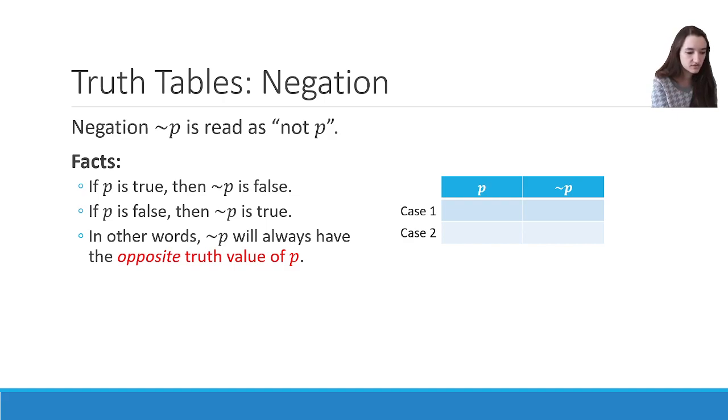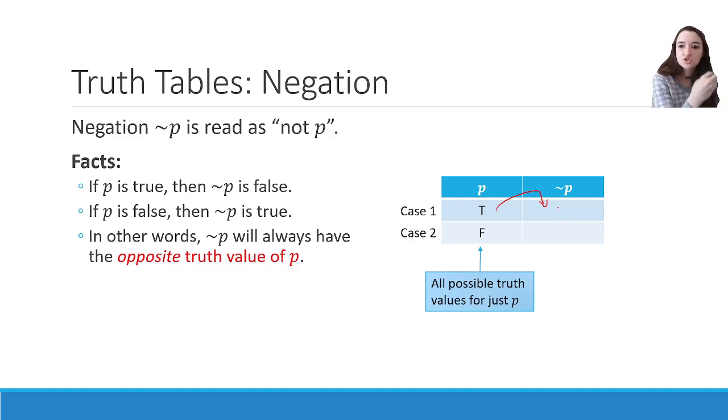So on our table, we only have one statement, so I only need 2 rows. We would start with the true and the false. That's all possible truth values for P, and there's no Q here, so I don't need to think about the pairings that are possible. Then we just directly change it to the opposite meaning. So the negation of P would then be false, true, instead of true, false.